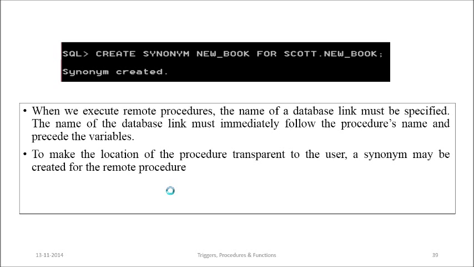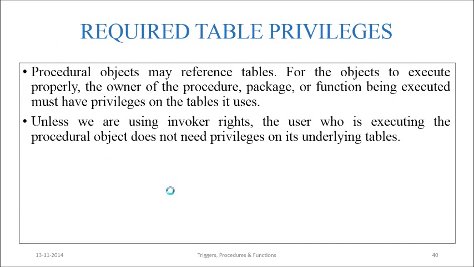And we can also execute remote procedures. The name of a database link must be specified, and the name of the database link must be preceded with the @ symbol. To make the location of the procedure transparent to the users, a synonym may be created for the remote procedure also.